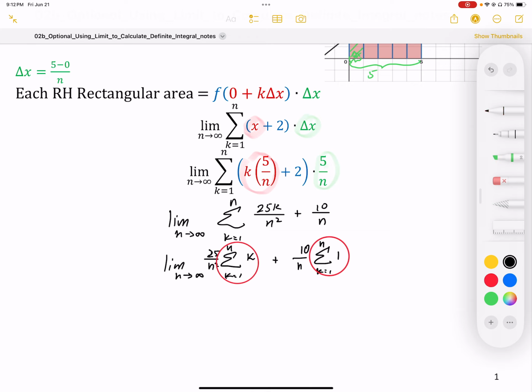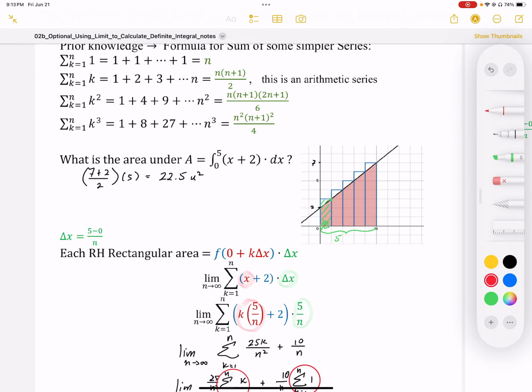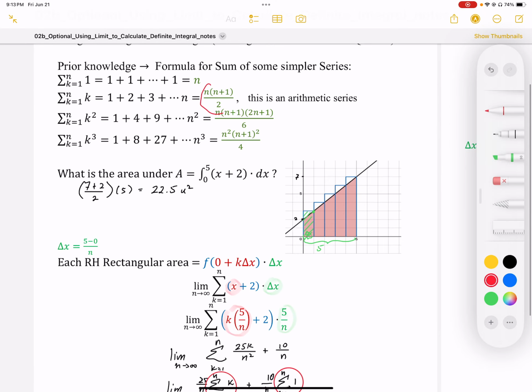So now I'm going to evaluate those sums in terms of n. So I have 25 over n squared. This sum is now going to be the arithmetic series formula, so n times n plus 1 all over 2. Okay, that's from my formula here.